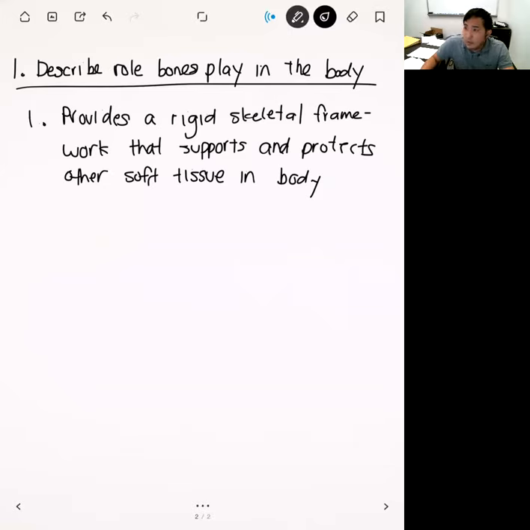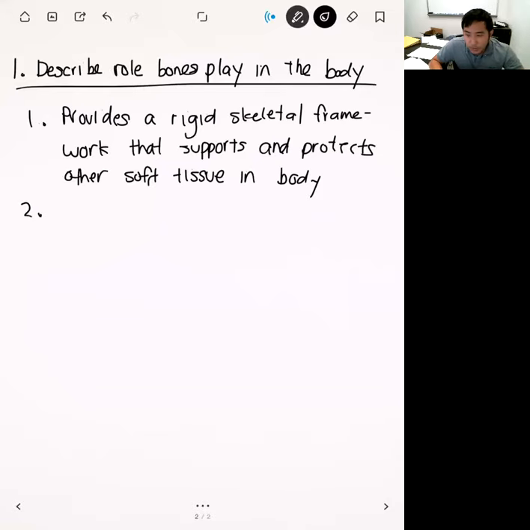But when you're doing other things too, like exercising or lifting a lot of weights, your skeleton provides the structure and the rigidity in order to perform those actions. That's the first main role.